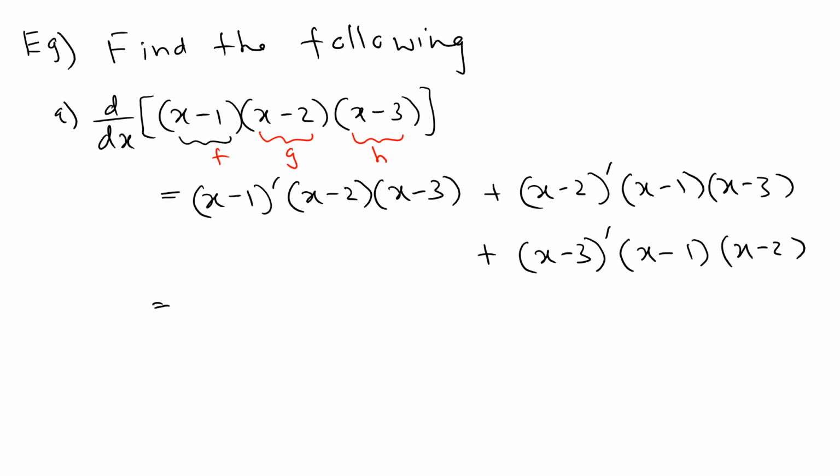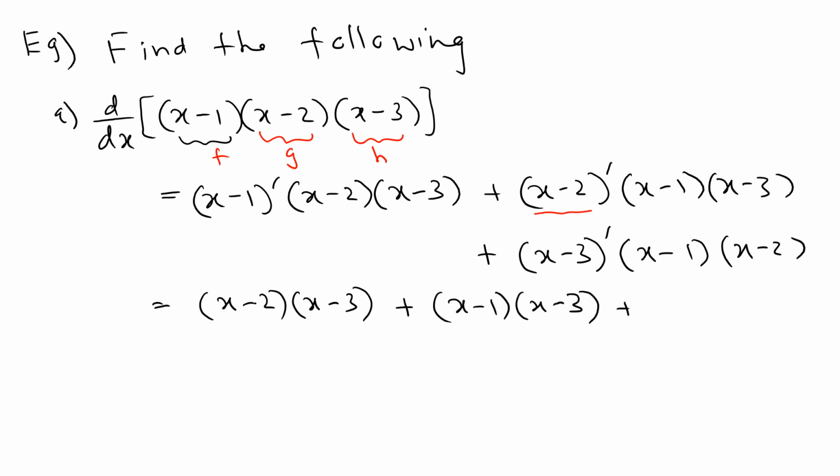So let's find the derivatives. The derivative of the first is 1, so you only get (x minus 2)(x minus 3). Again, the derivative of this one is 1, so you get (x minus 1)(x minus 3). Similarly, the derivative of this one is also 1, so you get (x minus 1)(x minus 2). Now we're done with the derivative, so just simplify the expression.